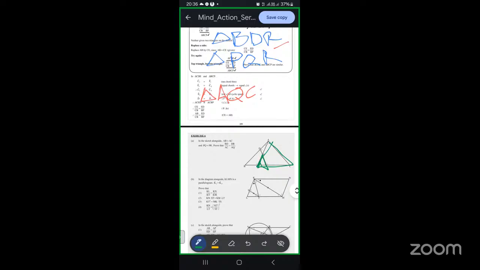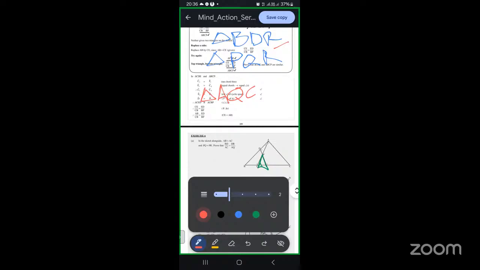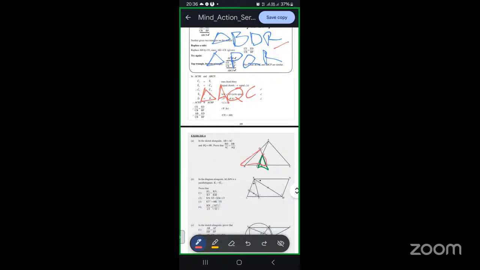Are there some sides that are equal in these triangles? The green and that red one. They are one common, sir. Are there some equal sides? Yes, sir. Well, once you prove them similar, you also prove that they have the same properties, sir.